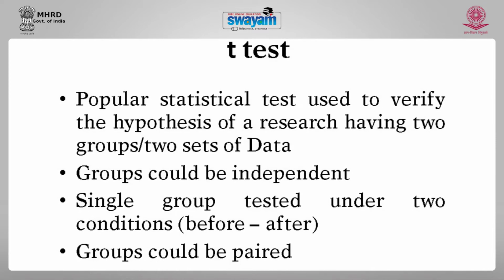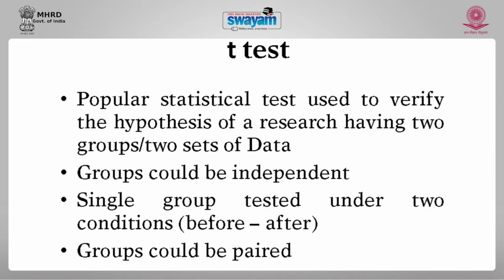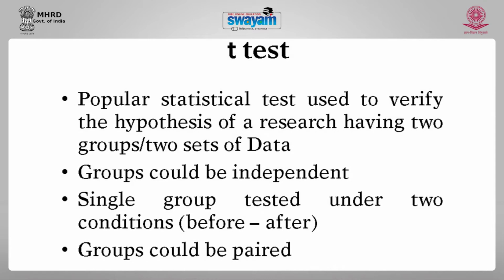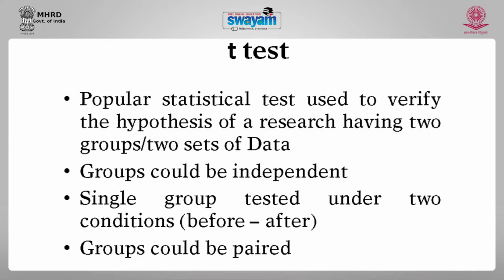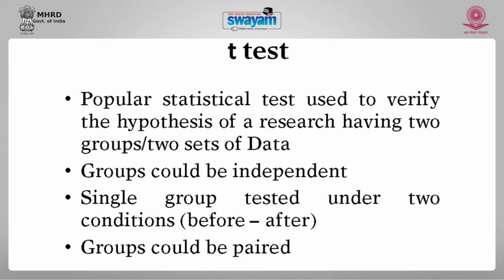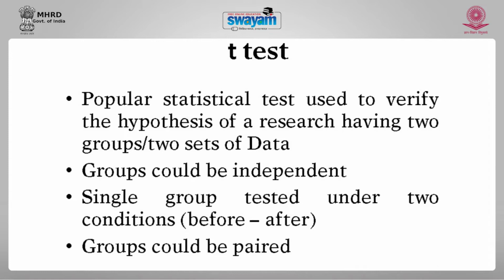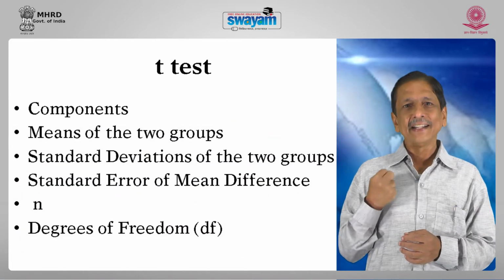The t-test can also be used in a third condition, the paired t-test, where the two groups are paired on a single variable, and the difference between the two is measured using the t-test again. The components of the t-test.